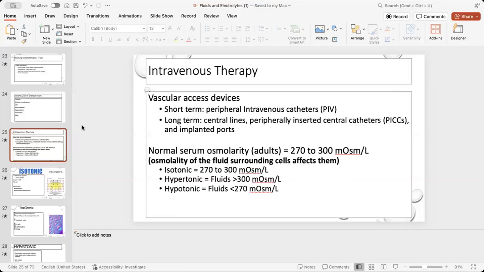Dialysis, chemotherapy, long-term antibiotics. A client who has osteomyelitis is going to be on long-term antibiotics, 4 to 6 weeks, so you should put a PICC line in for them. Ports are often used for patients who have chemotherapy.